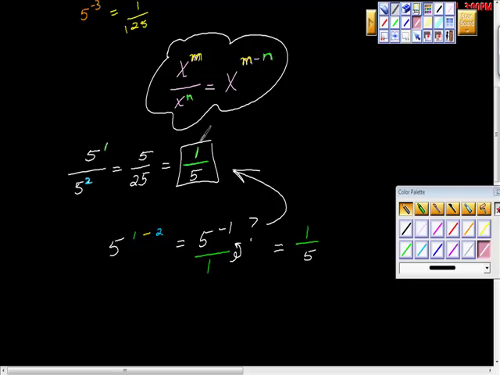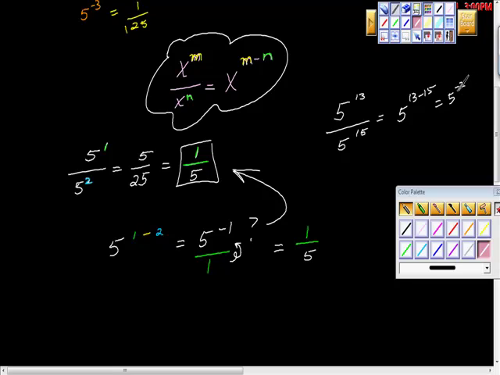You're saying, well, why wouldn't I just do it this way? Well, what if you had 5 to the, I don't know, 13th power over 5 to the 15th power? That's a lot of arithmetic to do, isn't it? But if we use this first rule here, we have 5 to the 13 minus 15, which is 5 to the negative 2.